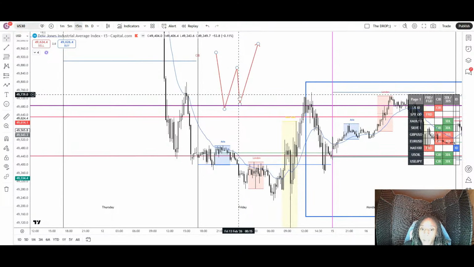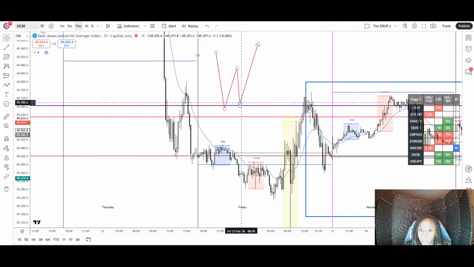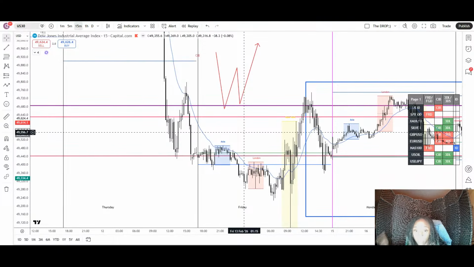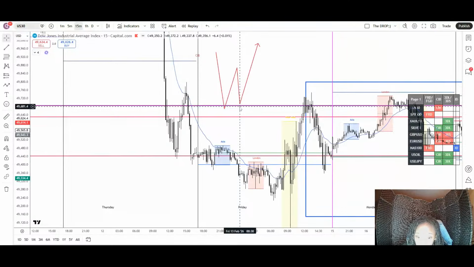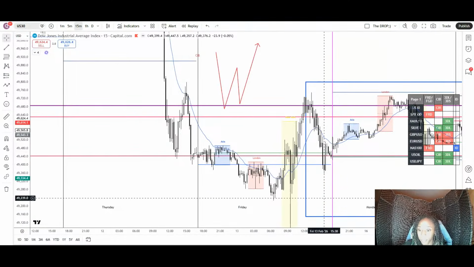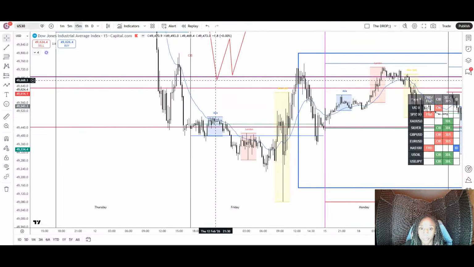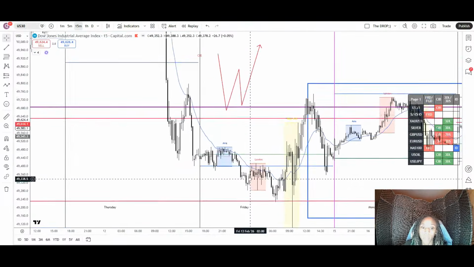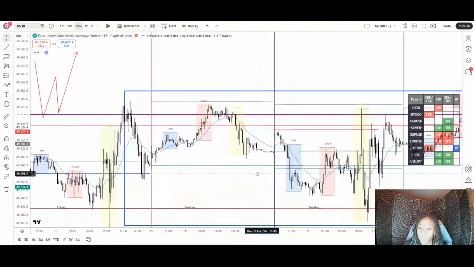So I know that my first TP will most likely be where the pump started. Now, as far as it breaking back out and creating another lower low, I don't know what it's going to do. But I do know that it's going to get down here. So that's what I like. Those are the types of principles that I look for.